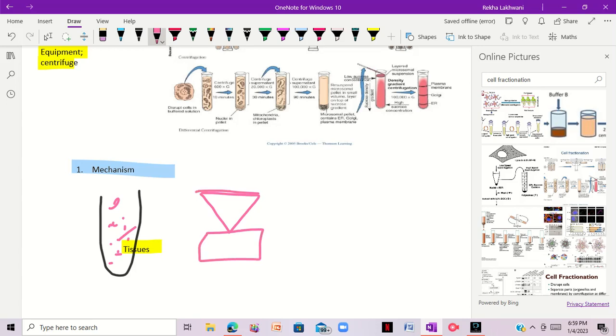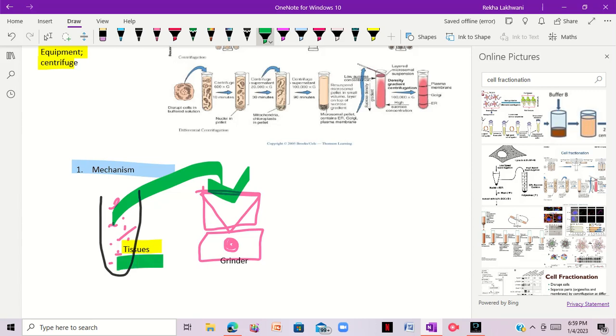Consider that this is a kind of grinder. I'm not good at drawing. Let me write it for your convenience. This is grinder. We will put these tissues in the grinder.